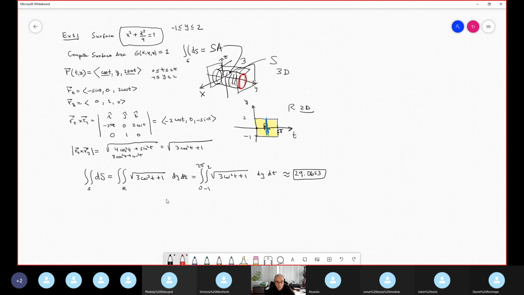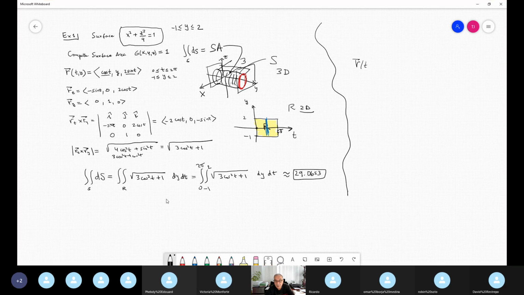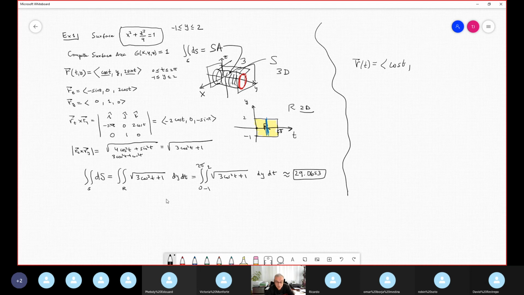But now we are using the arc length formula. The arc length formula belongs to the line integral. In a line integral, you parametrize this line with respect to one parameter, t, because it's the curve. So this is cosine t, 2 sine t. Exactly the same as we did here, but only these components.